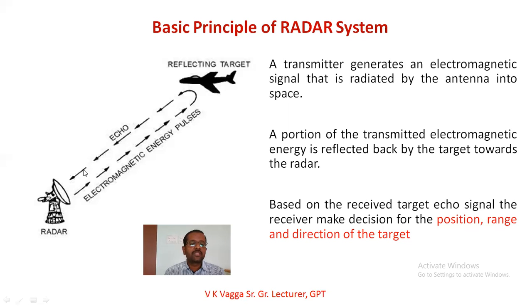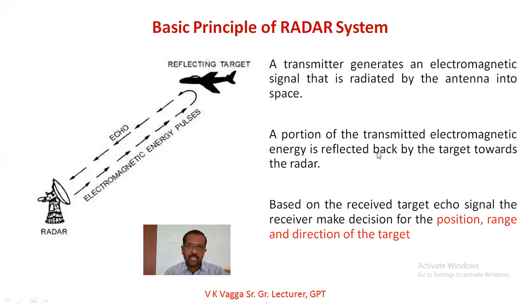Based on the received signal, it can measure the position of the target, and it can measure the range at which it is available from the earth, and it also measures the direction, whether it is traveling towards the earth or going away from the earth. It gets measured by this radar.